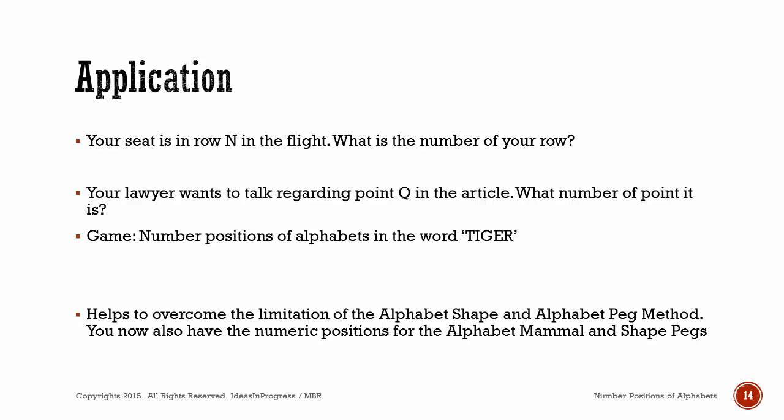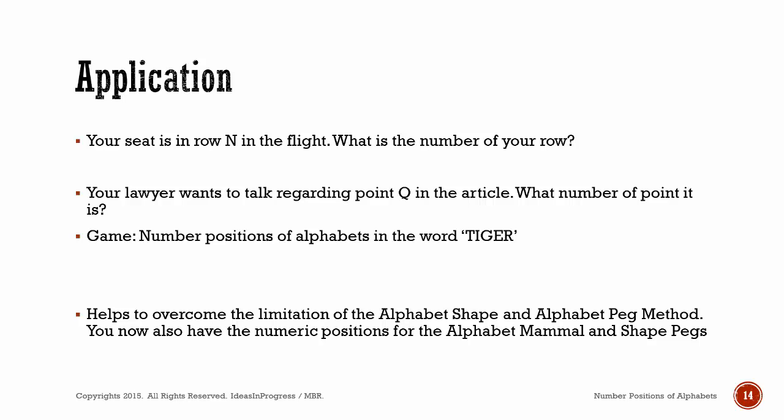The last application of this is that it helps to overcome the limitation of the alphabet shape and alphabet peg method. Now, if you have watched my videos on alphabet shape and alphabet peg method, you would have noticed that it's quite easy to develop a set of 26 pegs just using alphabet shape and alphabet peg method.